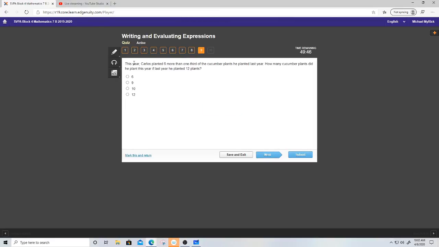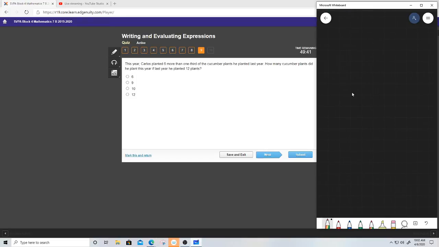This year, Carlos planted 6 more than 1/3. Okay, once again, the easy but hard. Carlos planted 6 more than 1/3 of the cucumber plants he planted last year. How many cucumber plants did he plant this year if last year he planted 12 plants? I swear they worded this stuff to confuse you. Alright, so look, just like last problem.